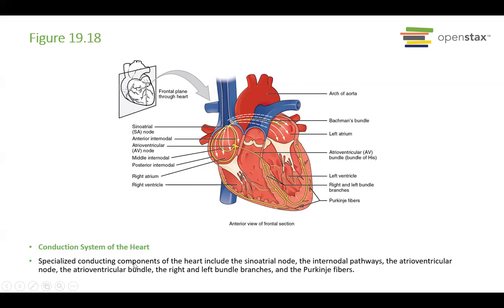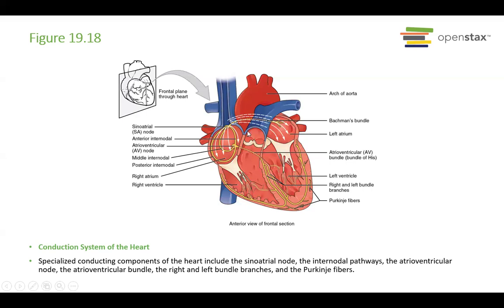There are specialized conducting components of the heart. The first one, always on the right side of the heart, is your sinoatrial node. That's very important. The sinoatrial node is responsible for depolarizing the atria. You see these dotted lines?